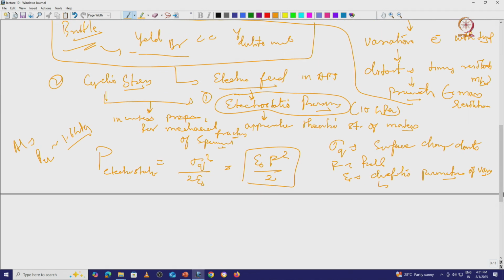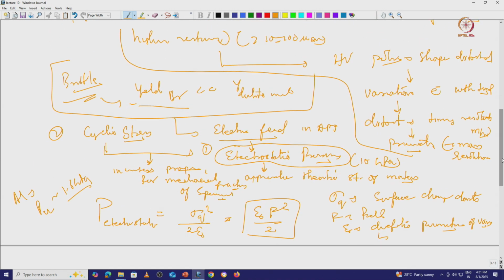If the samples are not conductive, the fracture tendency is much higher because of the HV pulse shape distortion. This varies the electric field, which distorts the timing resolution and also directly affects the mass resolution.